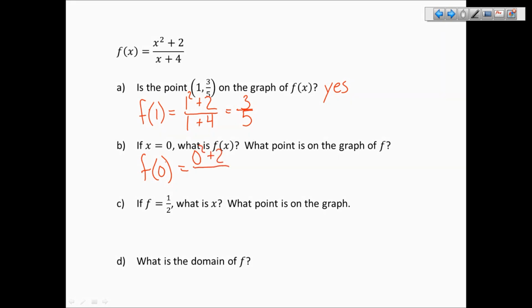So I plug 0 everywhere into my equation. I get 2/4. What is f of 0 equal to? It's equal to 1/2. What point is on the graph of f? It is 0, 1/2.